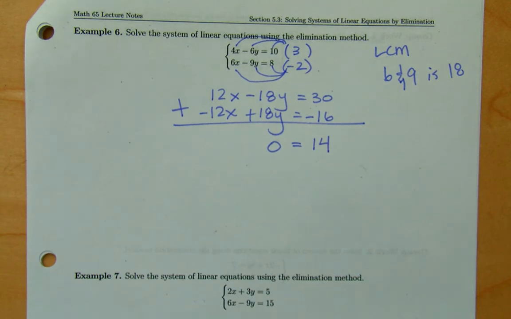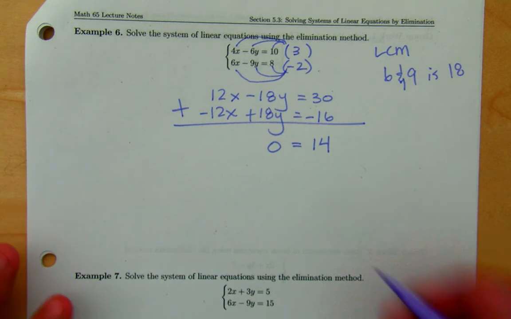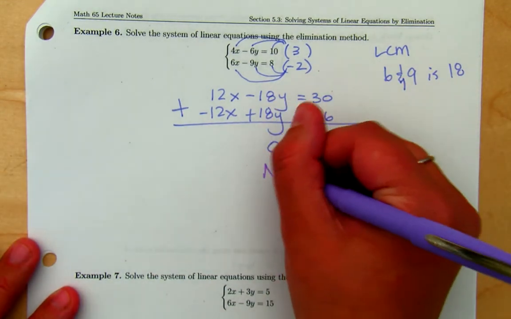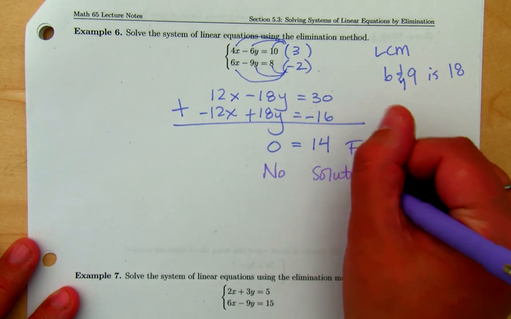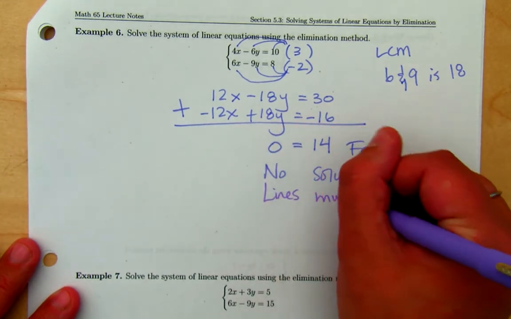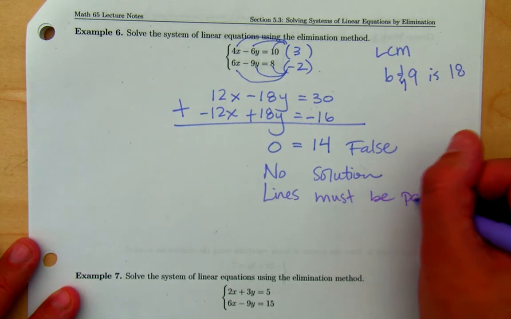What does it mean about the two equations? Is there a solution? Why not? The lines must be parallel. So since this is a false statement, it means there's no solution, which means the lines must be parallel.